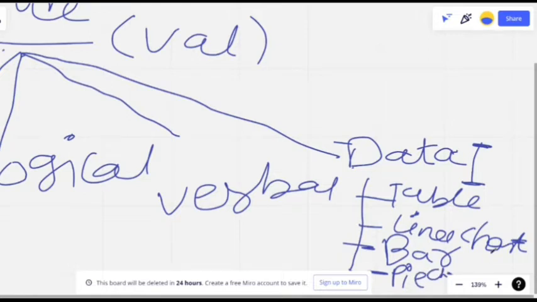If you want to score well in data interpretation, you need to crack this section: table, line, bar, and pie charts.